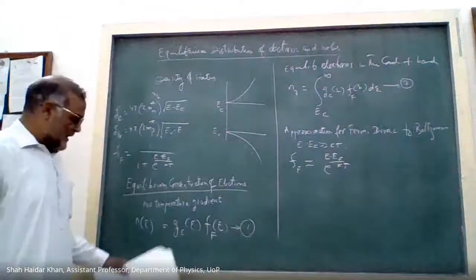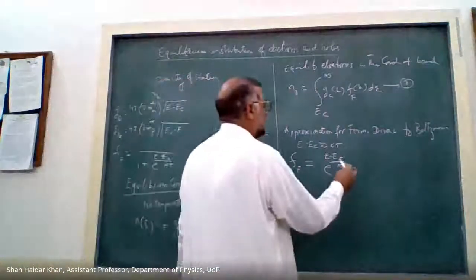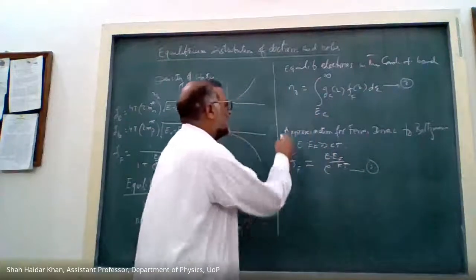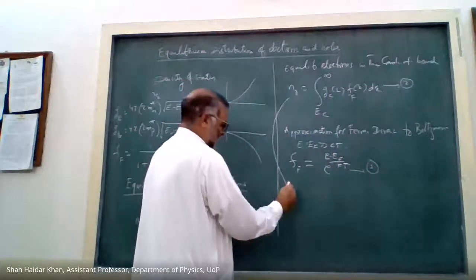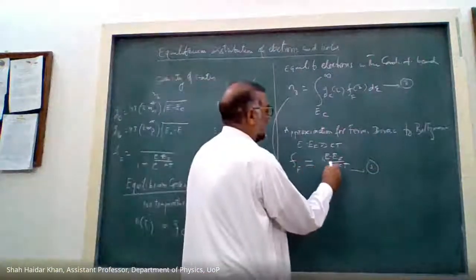KT. So now, with the help of this, I can write equation number 2 as this. Oh, I forgot one negative sign.